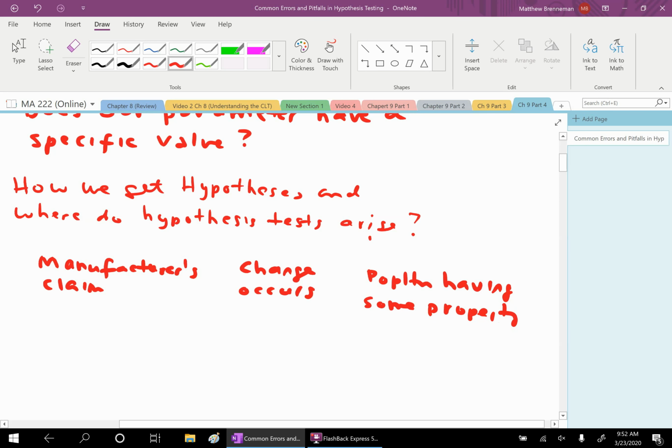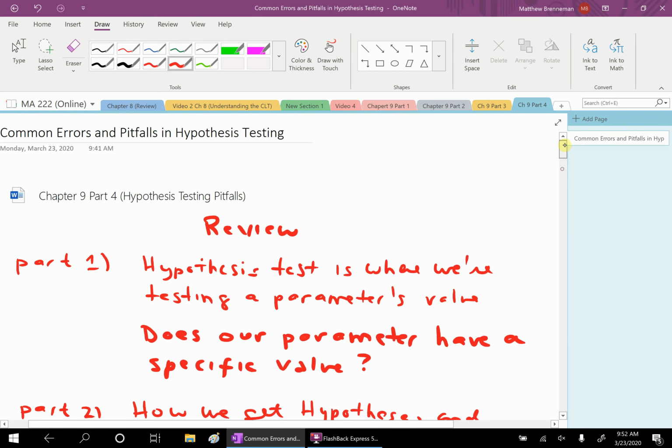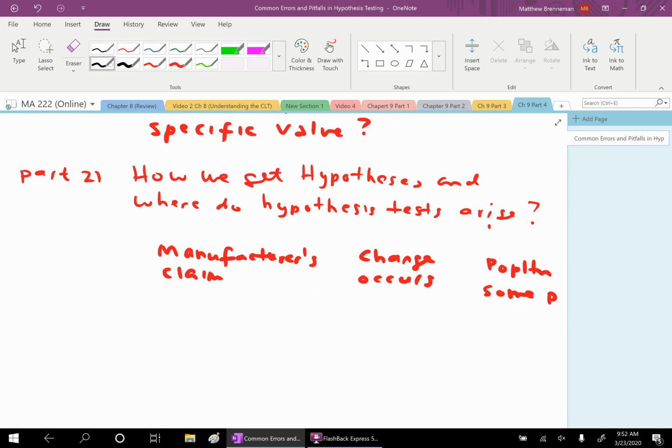And so we could give some basic problems to flesh out these general cases, okay, so that's a little more specific. So for example, Raisin Bran may claim that the average amount of cereal in their boxes is 16 ounces.